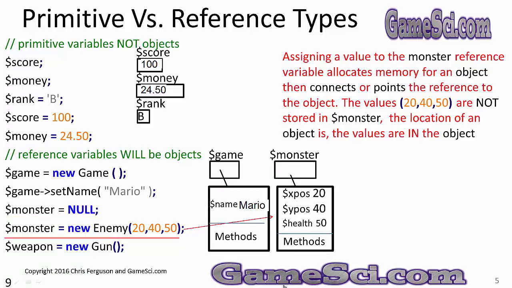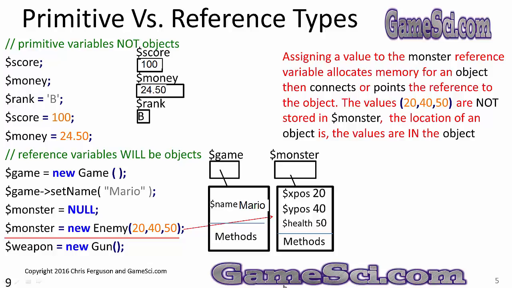$monster equals new enemy, and I'm going to pass it some parameters. This is the constructor from the previous slide that talked about initializing the variables. Assigning a value to the monster reference variable allocates memory for an object, then connects or points that reference to the object. The values 20, 40, and 50 are not stored in $monster.